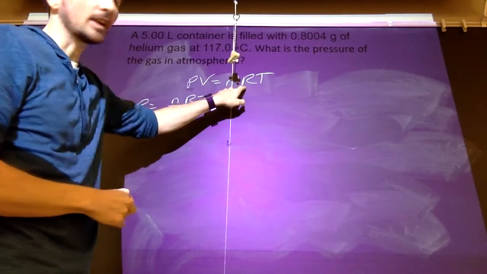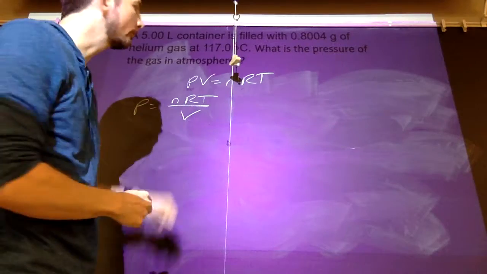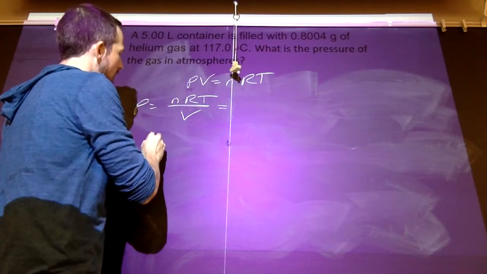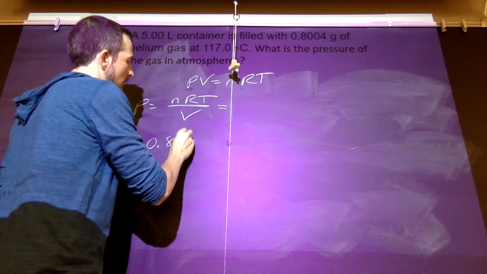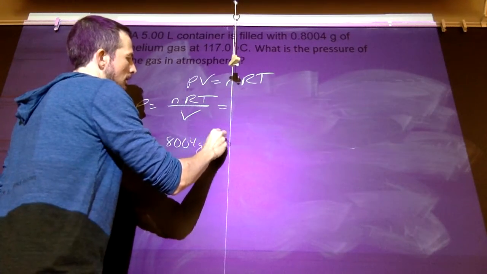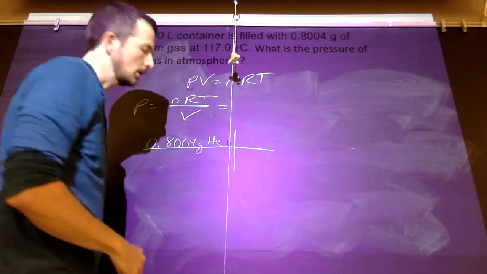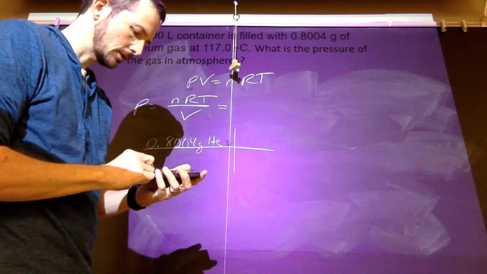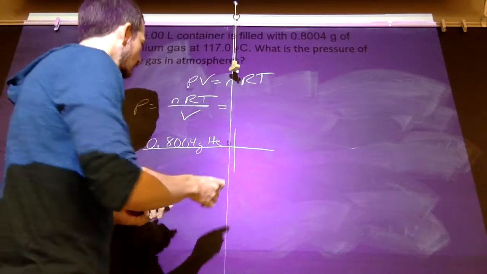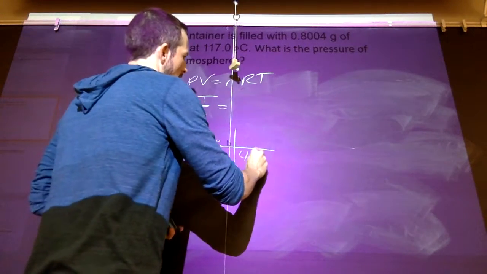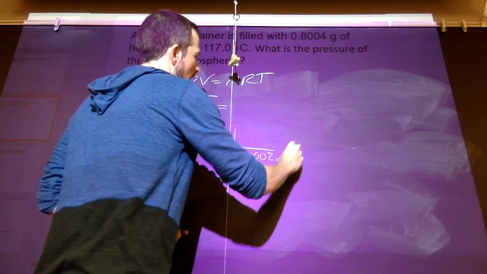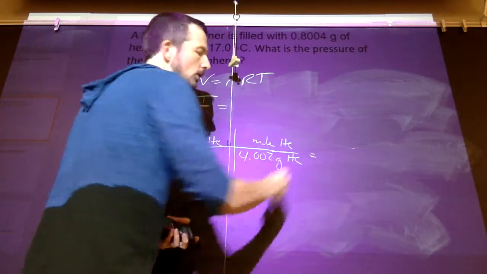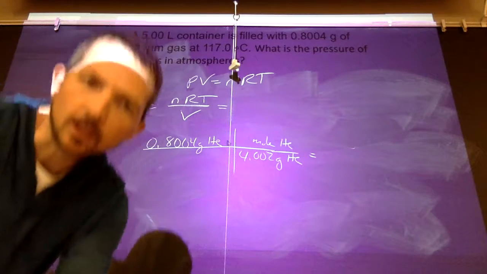So I divide both sides by the volume. So number of moles: I have 0.8004 grams of helium. I need to convert that to moles of helium using the atomic mass of helium.